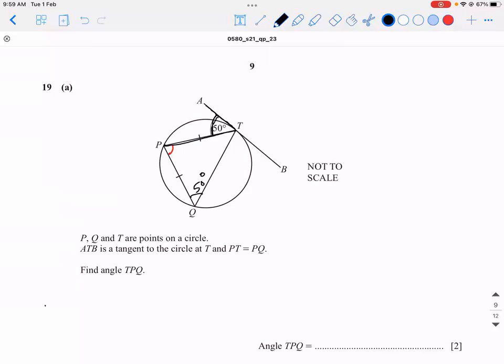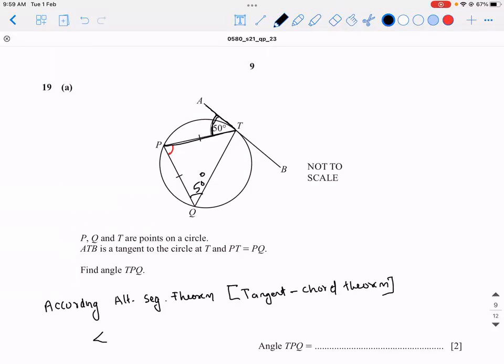So we will write the statement according to the alternate segment theorem, or another name is the tangent chord theorem. Correct?